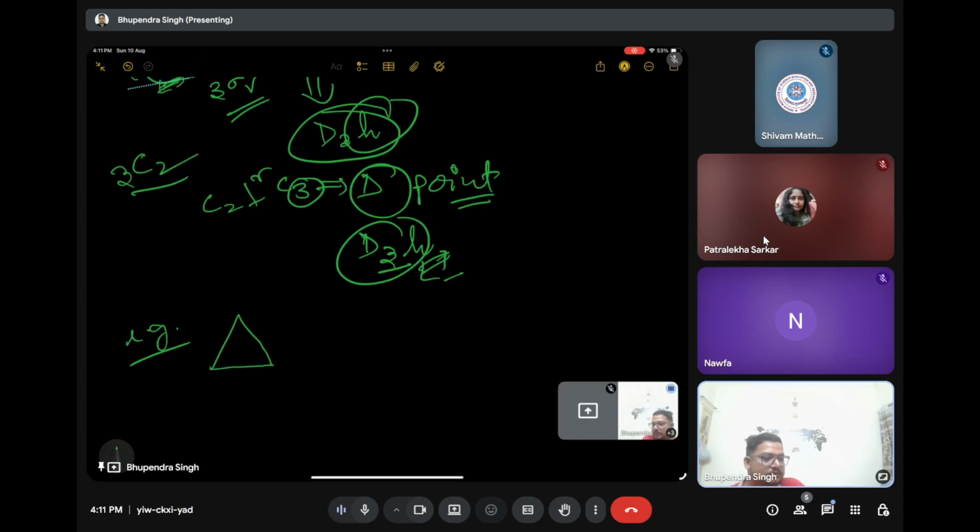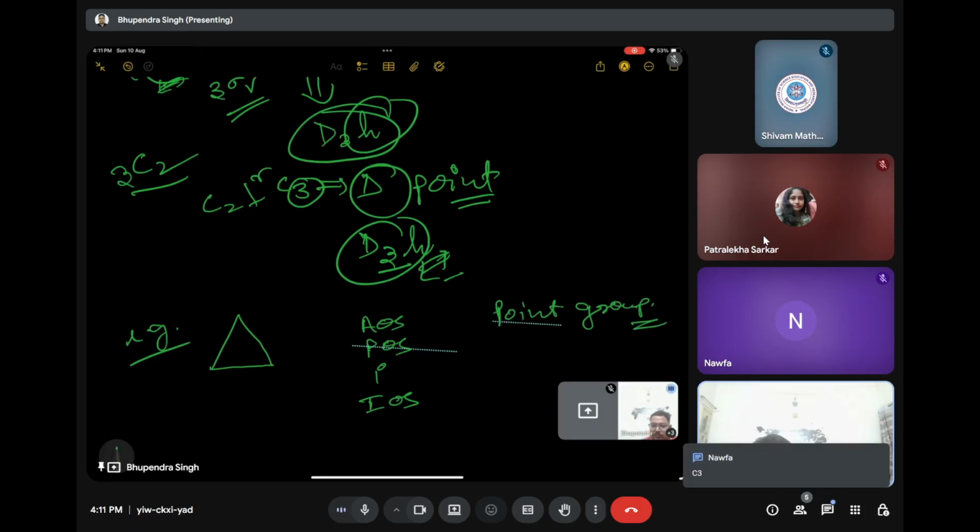Whenever you guys have doubts, just stop me and tell me. Tell me, what symmetry elements are present? Axis of symmetry, plane of symmetry, inversion center, improper axis, and then finally the point group. Today at least we are going to solve this.